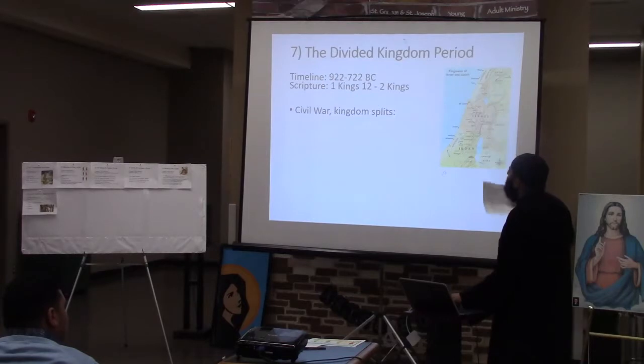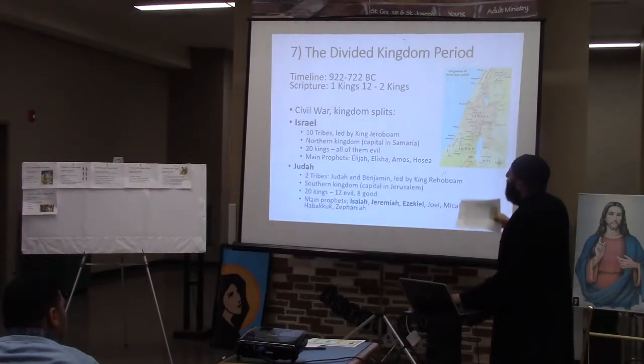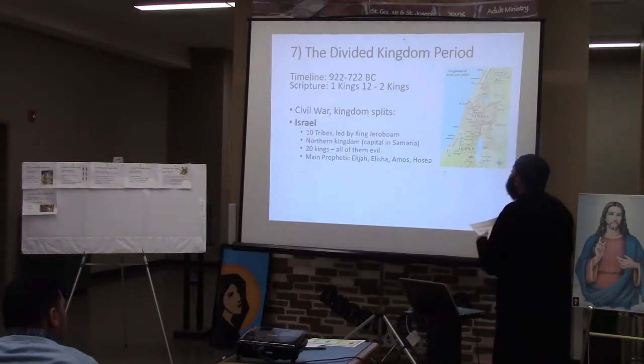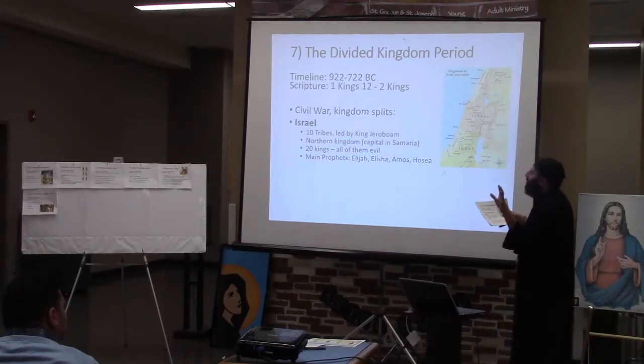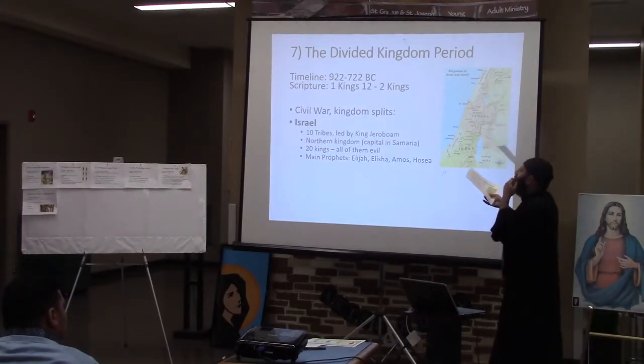Now they start fighting with each other. As soon as Solomon dies, there's Israel and Judah. Let's start with Israel. There's civil war, again a war between 10 tribes who were led by King Jeroboam.